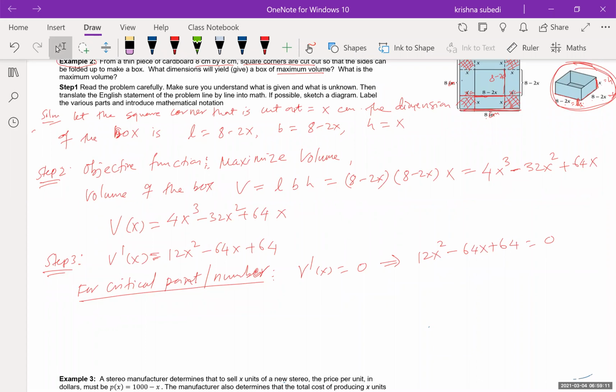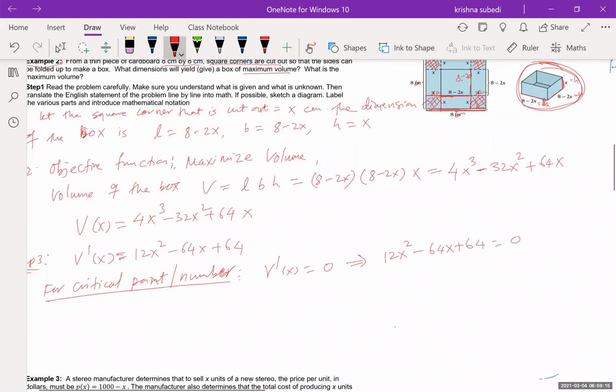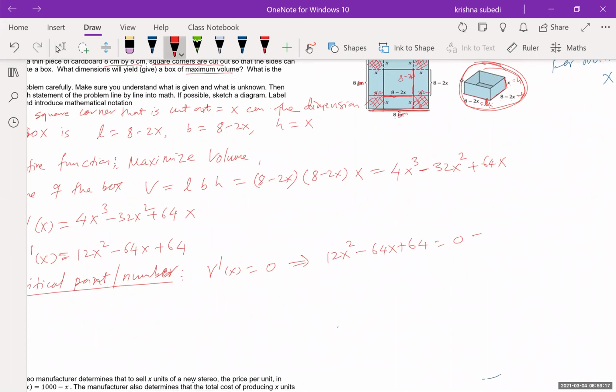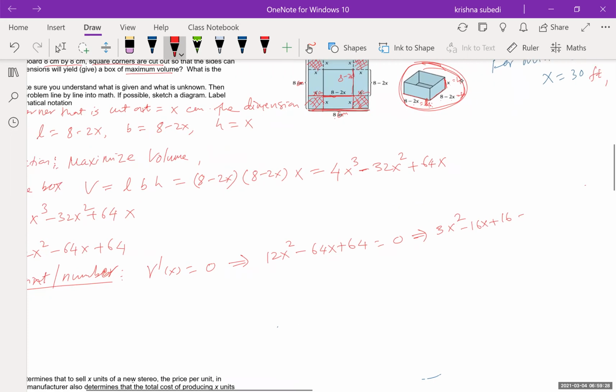And then if you take 4 common, that's going to give me 3x squared minus 16x plus 16 equals 0.